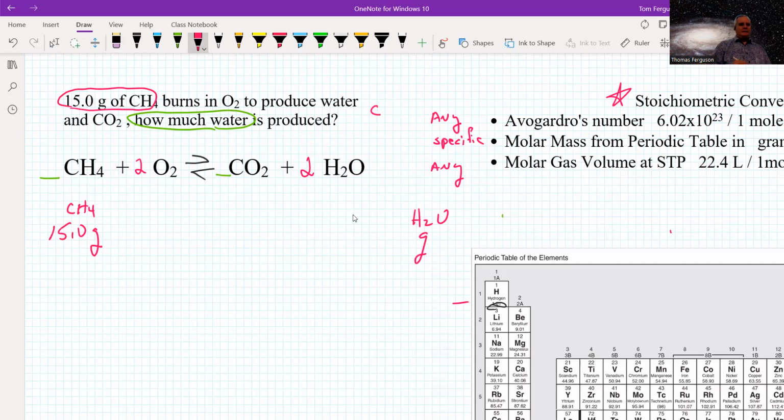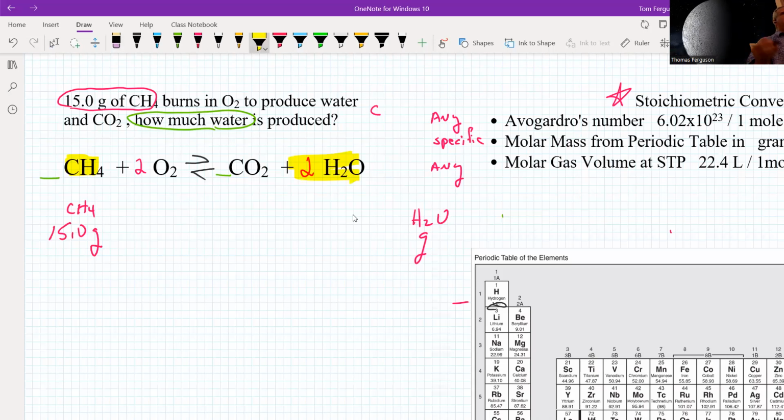Okay, so the essence, when you have a chemical equation, we can use the ratio of the coefficients to determine how those react. So we're looking at methane and water. So the relationship between methane and water is a 1:2 ratio.